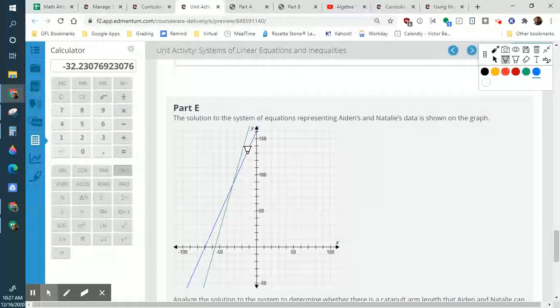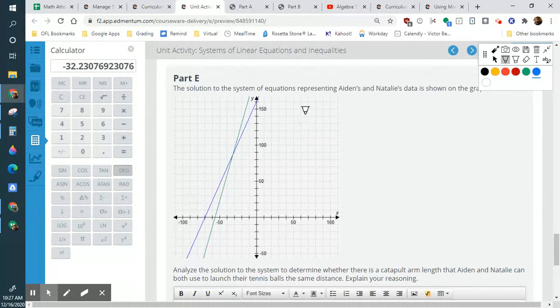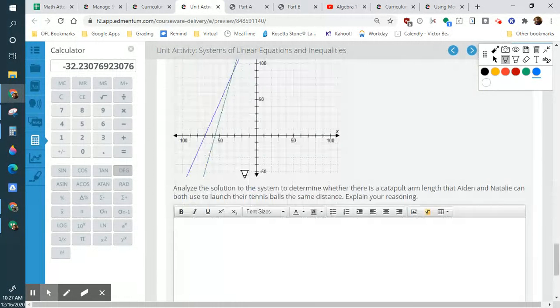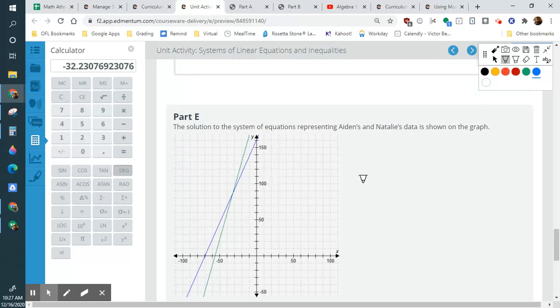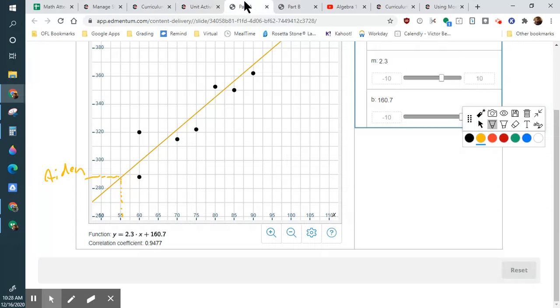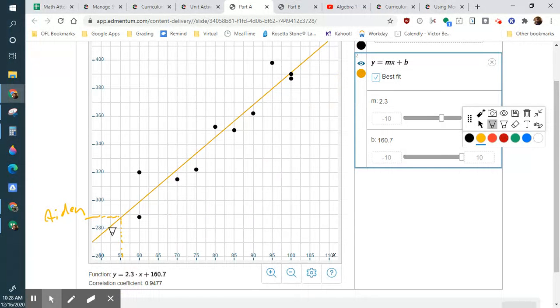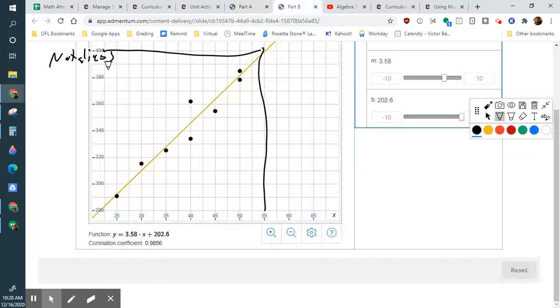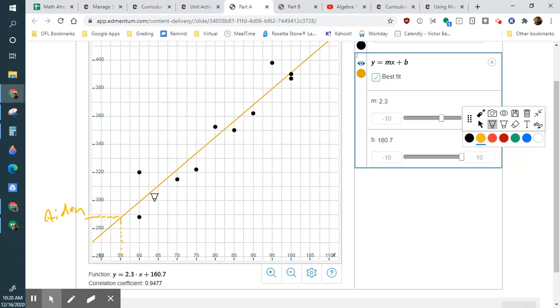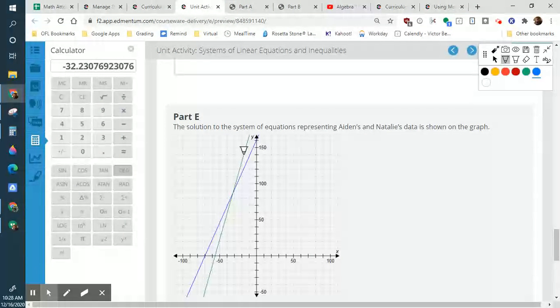Because Aiden's, I believe, has a smaller slope, Aiden's ball will always fall short of Natalie's. So if we look at part A, we see that at 55, Aiden's is at like 290 ish, while Natalie's is at like 400. So Aiden's is basically always going to be shorter than Natalie's, because the only time these lines would have crossed would have been at a negative value.